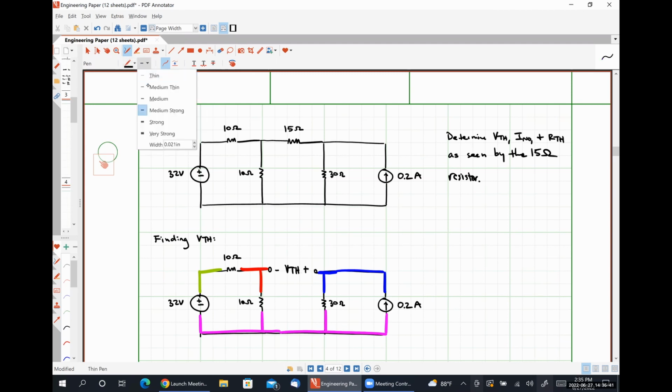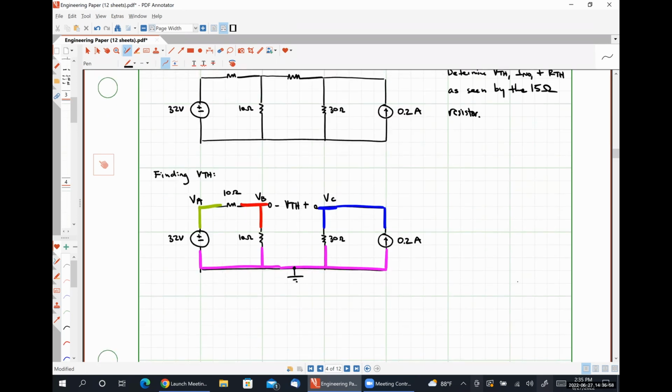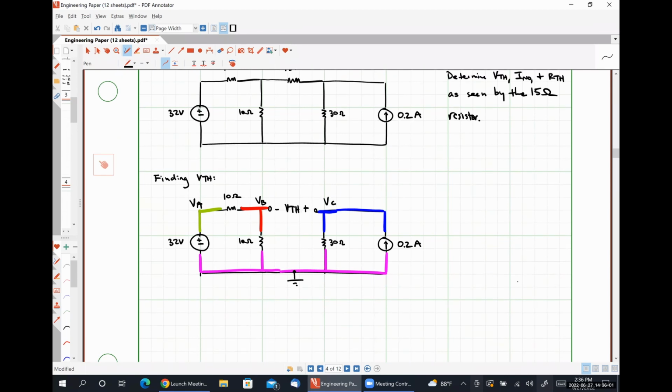Let's choose our bottommost node to be our reference. And then let's call these VA, VB, and VC. Since we have no dependent sources, we have no controlling variables to worry about. We have one voltage source, so we're going to have one voltage relationship to write. So we could say that VA is equal to 32 volts.